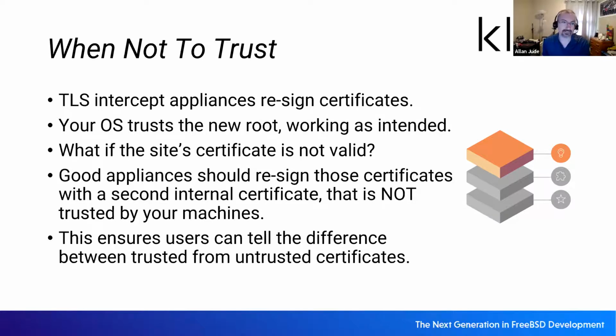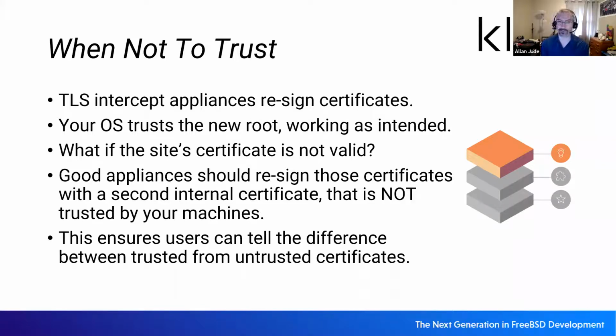But if it encounters an untrusted certificate, like a self-signed certificate from a developer's homepage or something, then it should sign that certificate with a second certificate authority that it has, and that one should not be trusted by your FreeBSD machines, so that any sites that present invalid certificates continue to actually present as invalid to your users, whereas an appliance that just blindly resigns every certificate it sees with its certificate authority will basically promote those invalid certificates to valid ones, and that's usually not what you want.